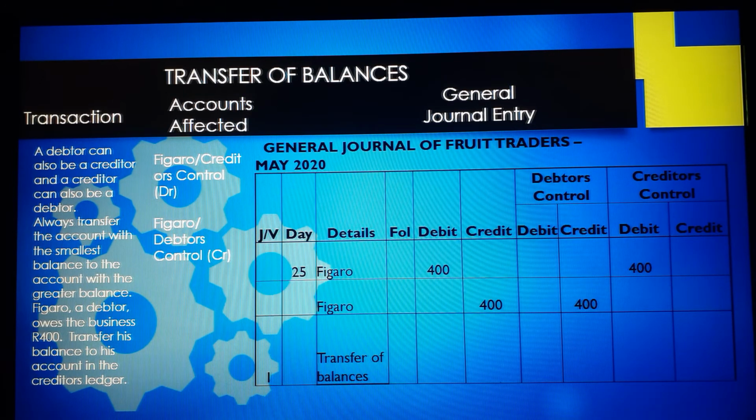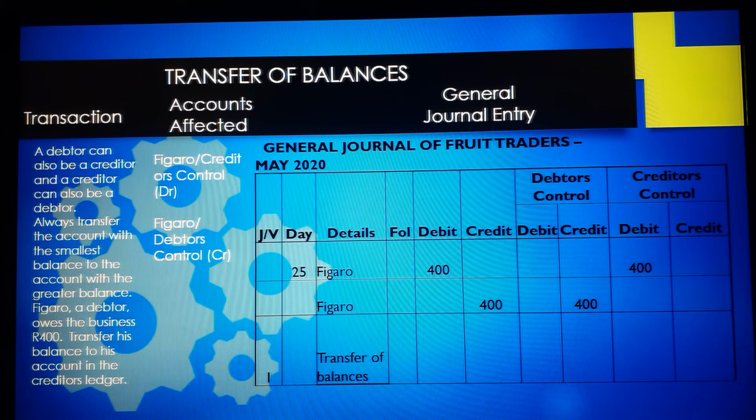So in this case, Figaro is a debtor. He owes the business 400 Rand, and we need to transfer this to his balance in his account in the creditors ledger. So in this case, we basically are saying that he owes us, the business, 400 Rand, but we as the business also owe him money.